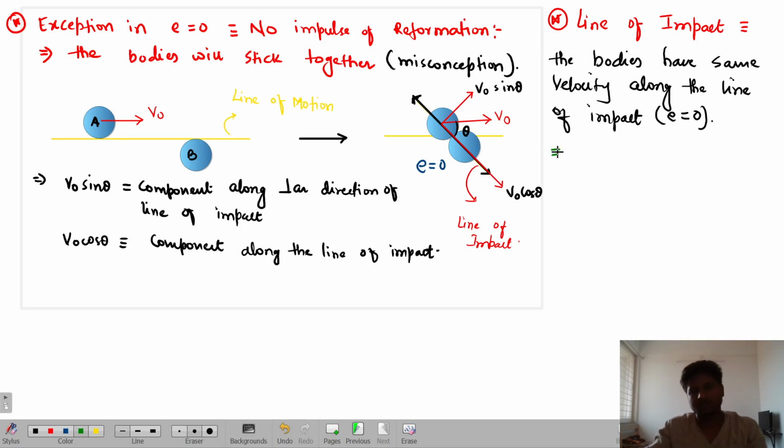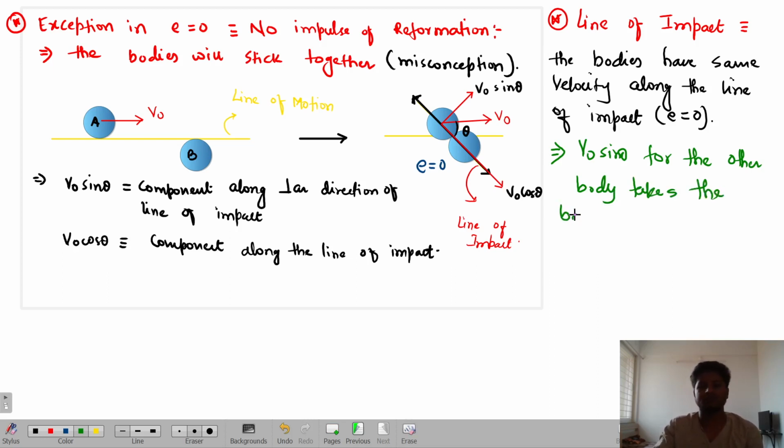So the condition is, people used to say that if E is equal to 0, the bodies will stick together. But what is happening over here? If you see clearly, this component V naught sine theta for the other body takes the body away out of contact from the another body.